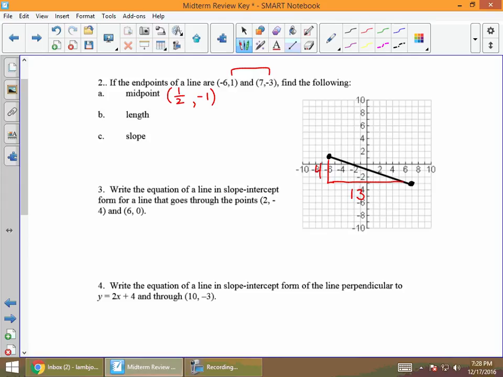So the slope is negative 4 over 13. And then the distance is going to be 4 squared, which is 16, plus 13 squared, which is 169. So the length is going to be the square root of 185.